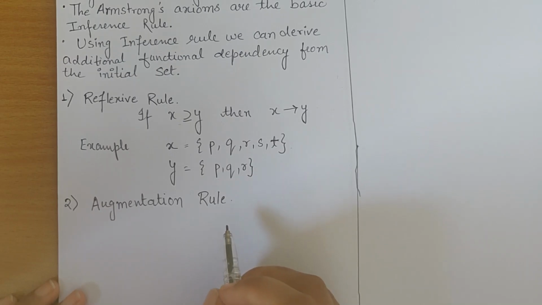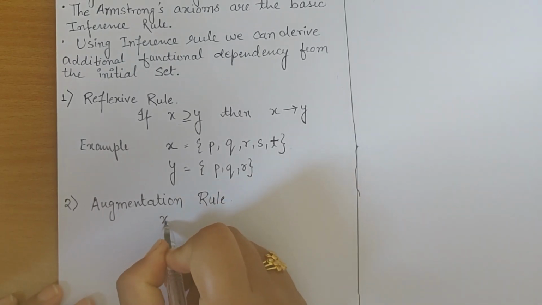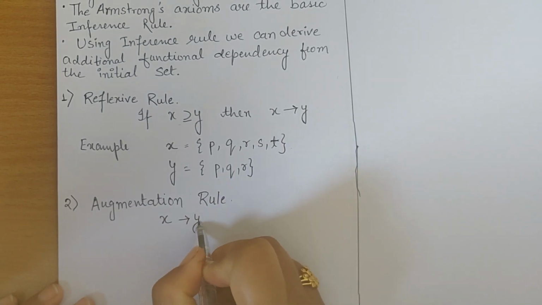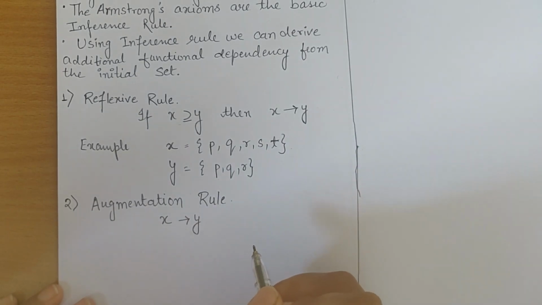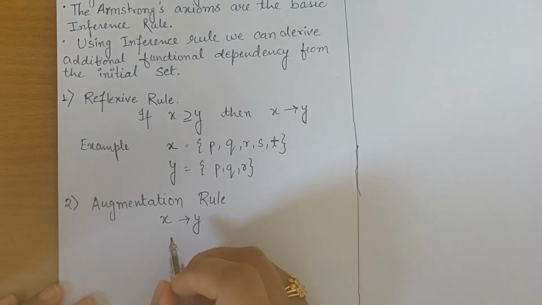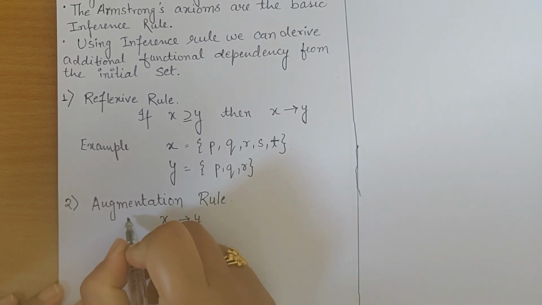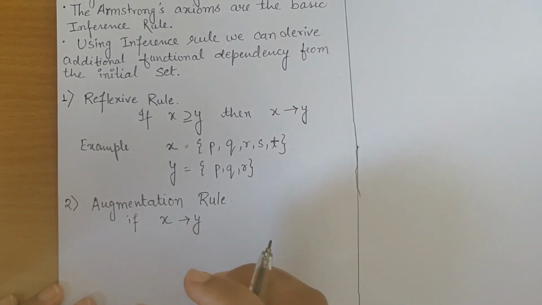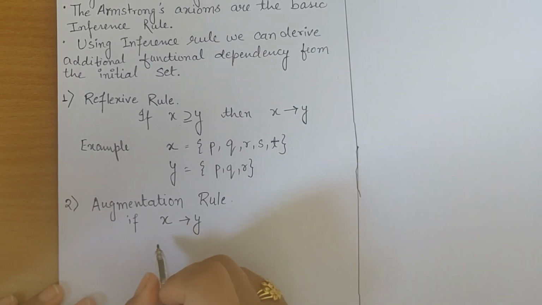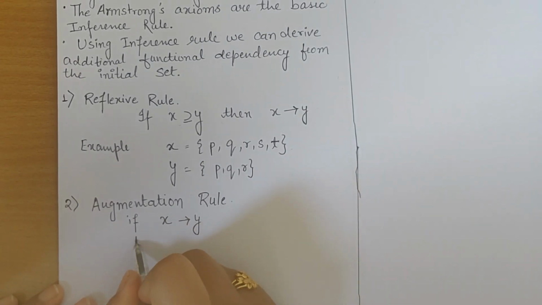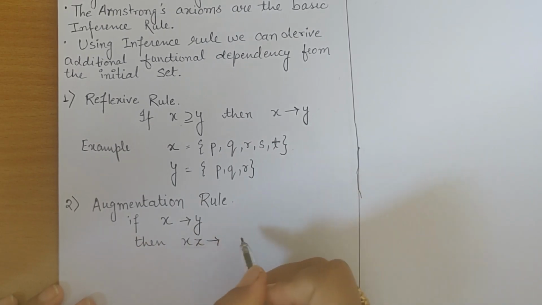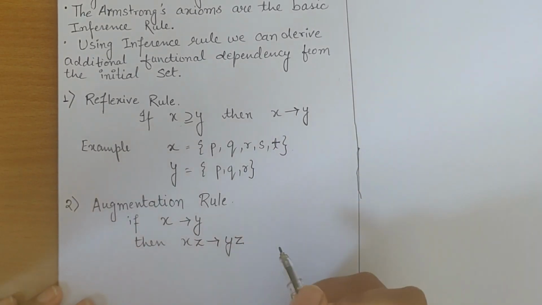In the augmentation rule, if x determines y, then xz determines yz for any z. So we are saying if x determines y, and there is any particular attribute z, then we can write that xz also determines yz.